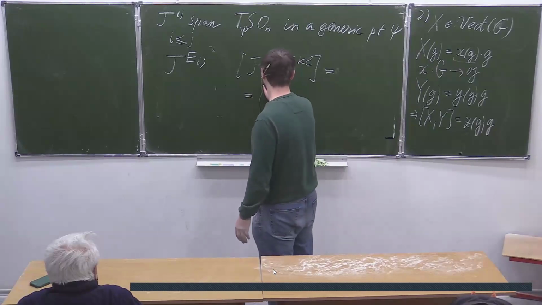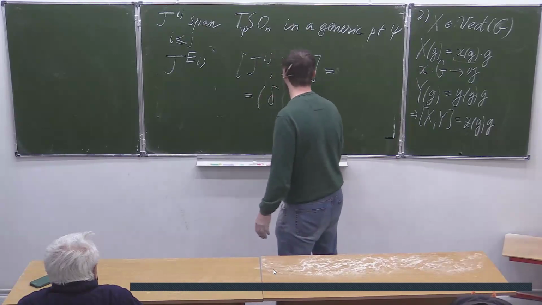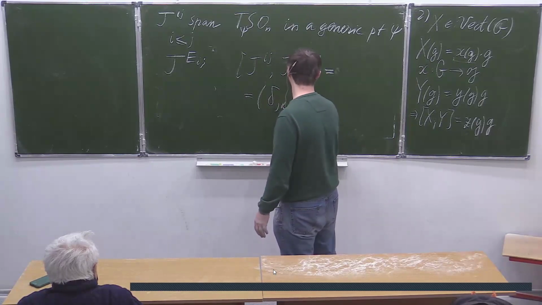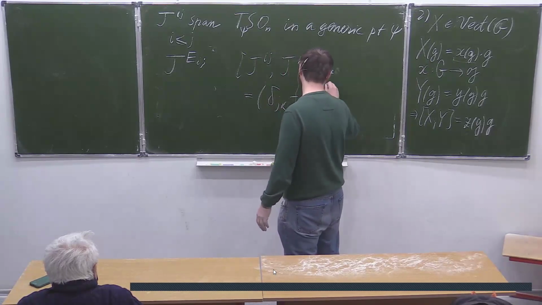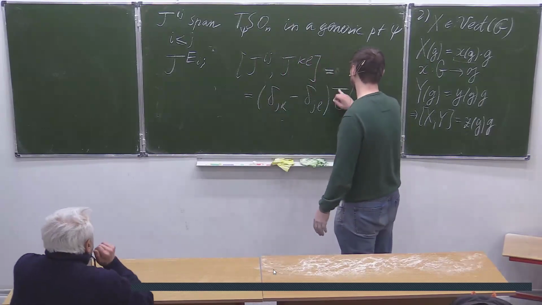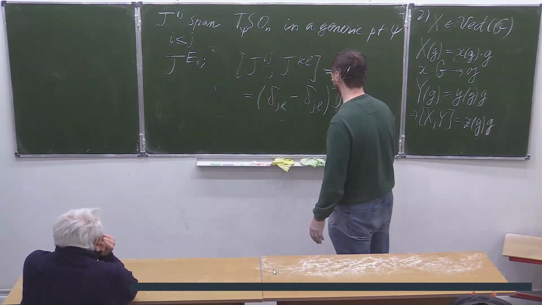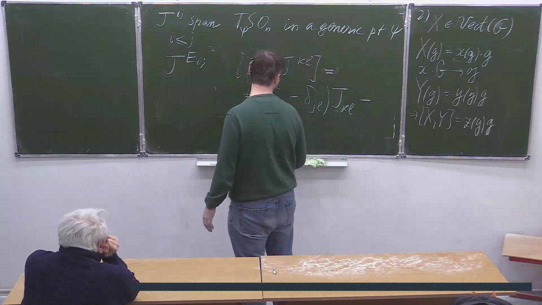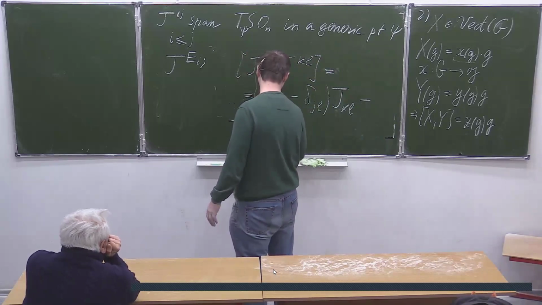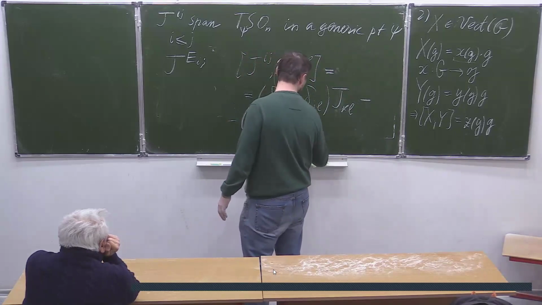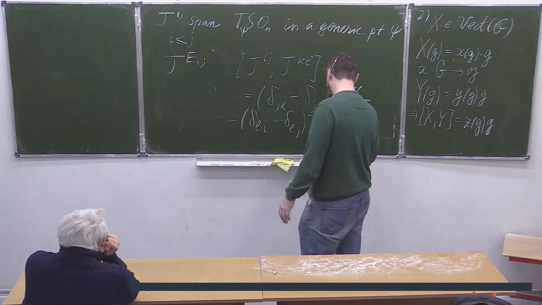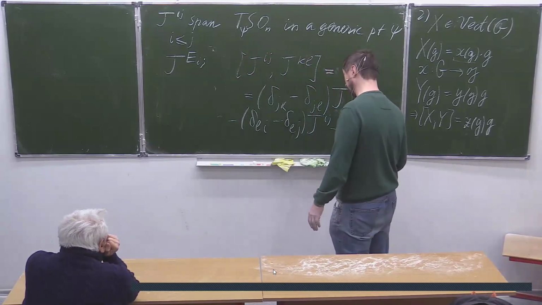It is something like delta jk minus delta jl, times this T, I think it's kl, minus delta li minus delta lj, times T kl ij, and the remaining part is just the commutator in the GLN group.